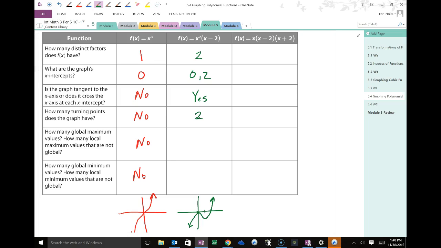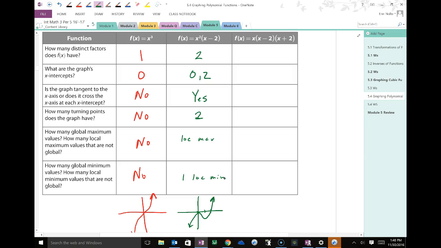And then I have 1 relative min, right? Oh, they use the word local as opposed to relative. So yeah, there's a local max and one local min. Okay. All right, moving on to the next one.